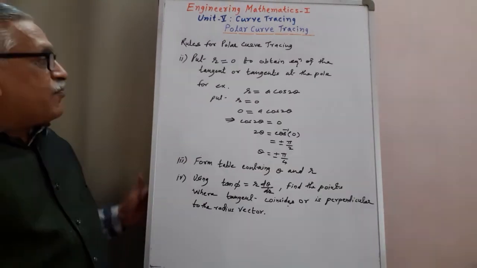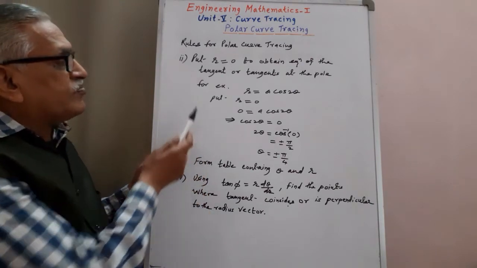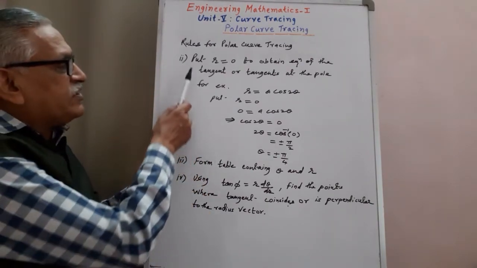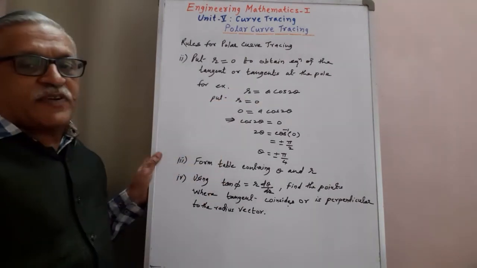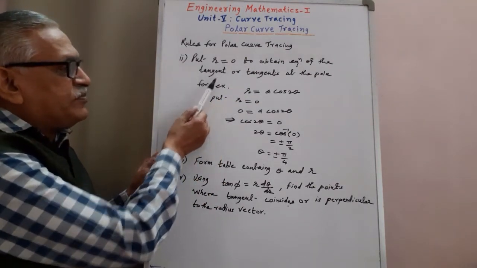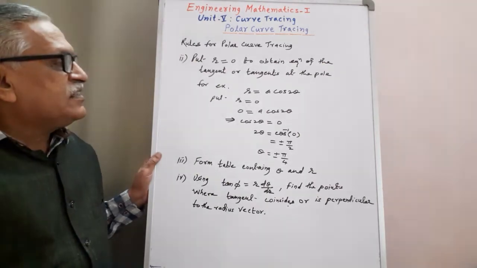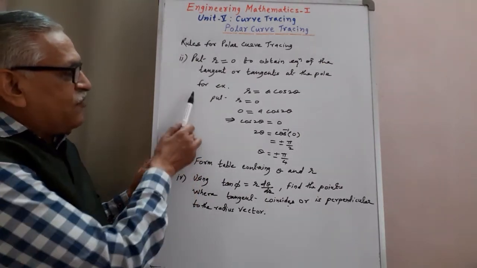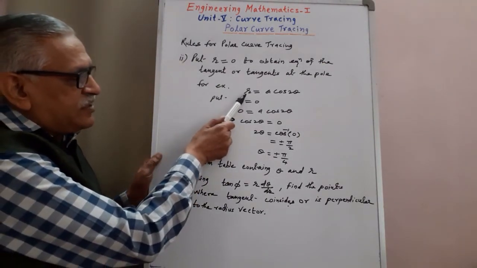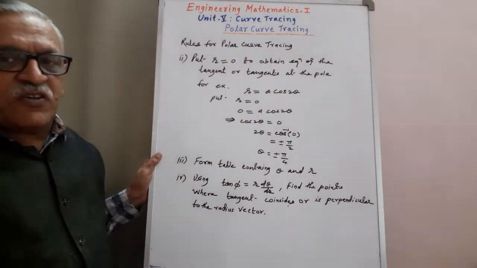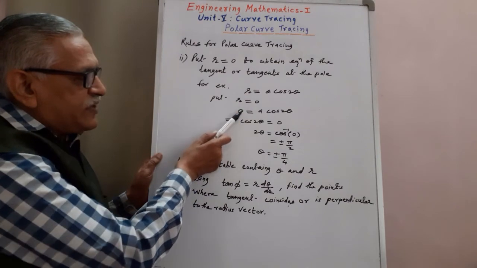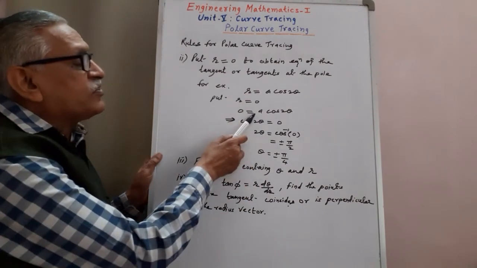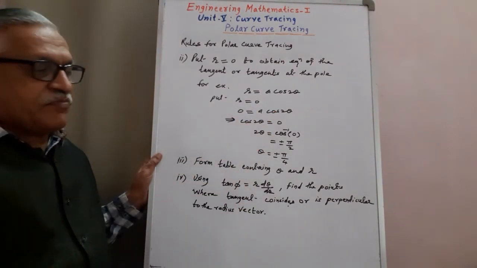Then we consider point number 2, in which we substitute r = 0 to obtain the equation of the tangent or tangents at the pole. For example, if we consider the equation r = a cos 2θ, substituting r = 0, the left-hand side becomes 0 = a cos 2θ.